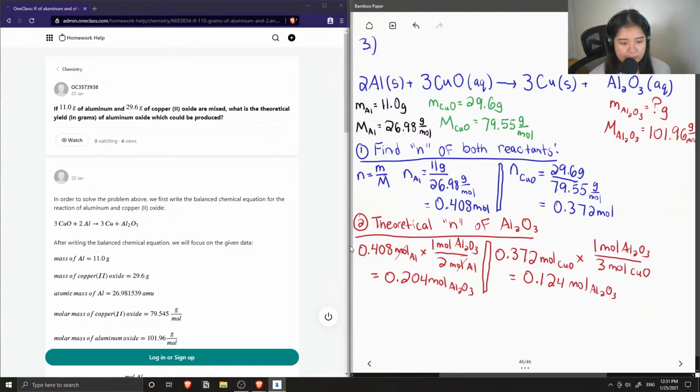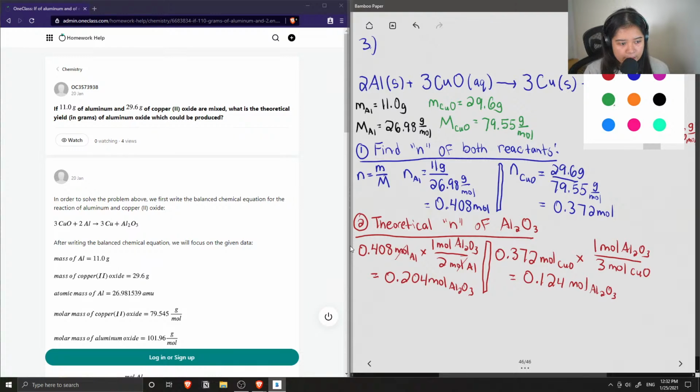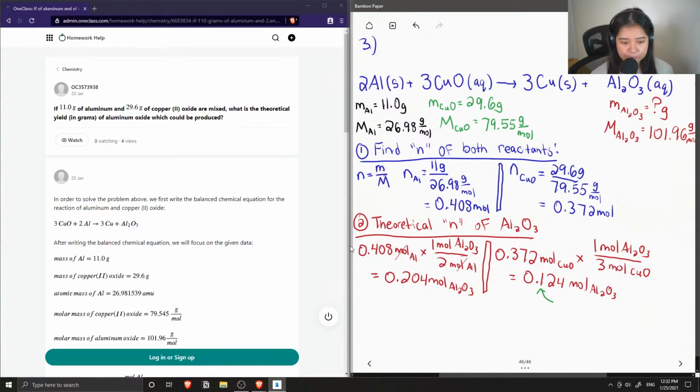So now we need to compare the two and figure out which one is the limiting reagent. In this case, it is the copper, since it has a smaller value of aluminum oxide being formed. So therefore, the limiting reagent is the copper 2 oxide.